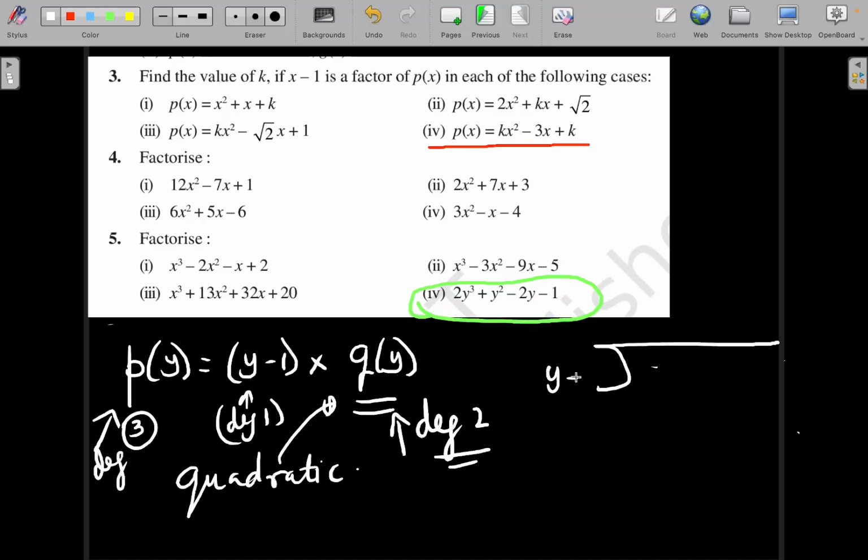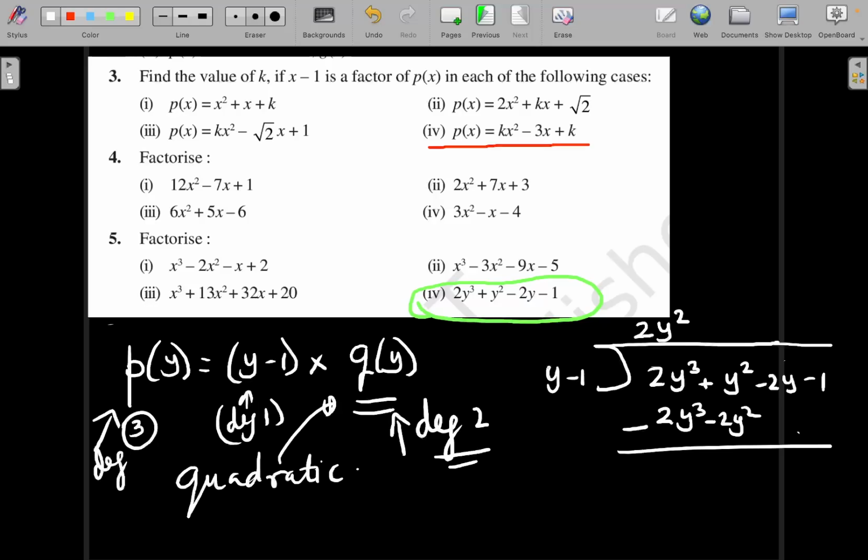Y minus 1 is going to be the divisor, and now I have to find the quotient, but let's write the polynomial here. 2y cube plus y square minus 2y minus 1, and now I'll use my division. 2y square: 2y cube minus 2y square. Now it becomes a minus and a plus, this gets cancelled. So 3y square minus 2y minus 1.